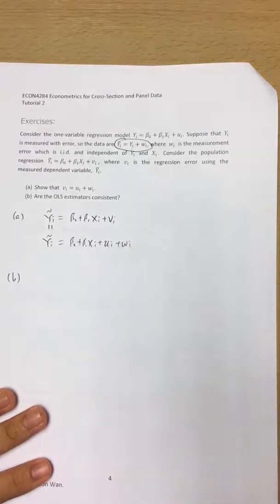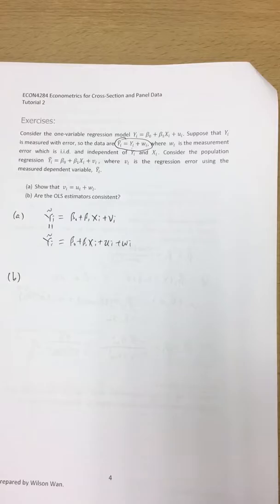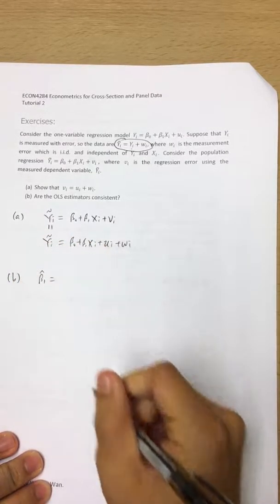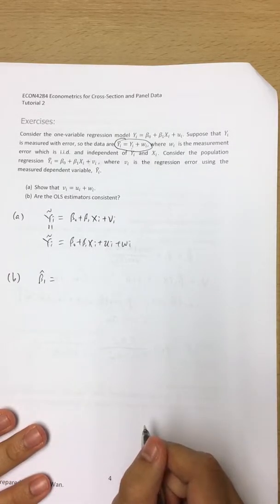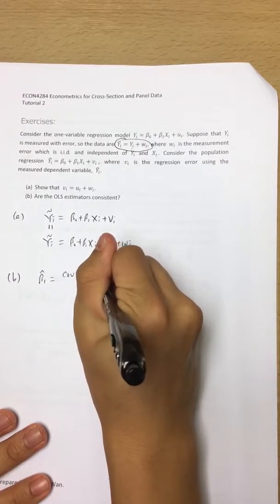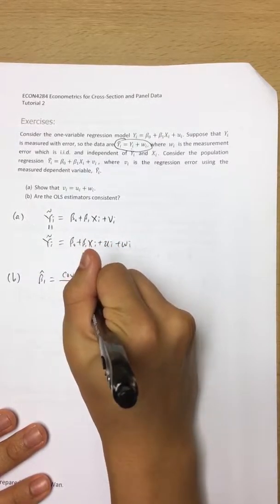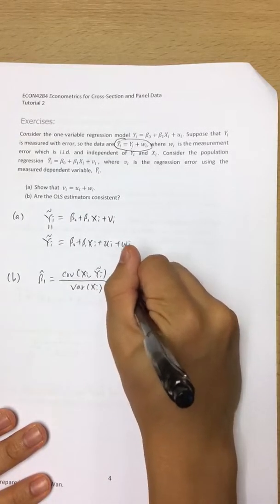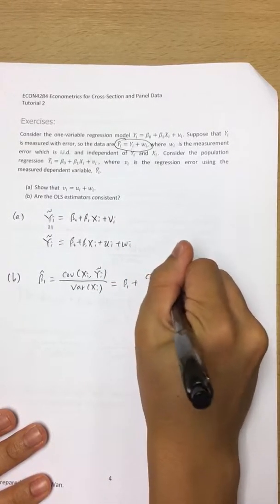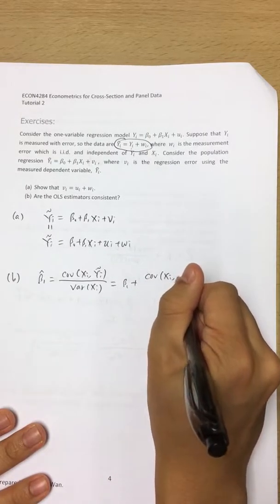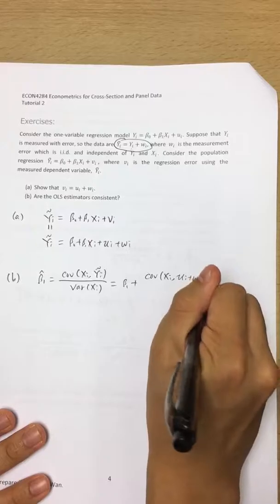Question B: is the OLS estimator consistent? Consistent means whether beta 1 hat is equal to beta 1. You know that beta 1 hat is equal to the covariance of xi and yi tilde divided by the variance of xi. This is equal to beta 1 plus the covariance of xi and the error term, which is now ui plus wi.